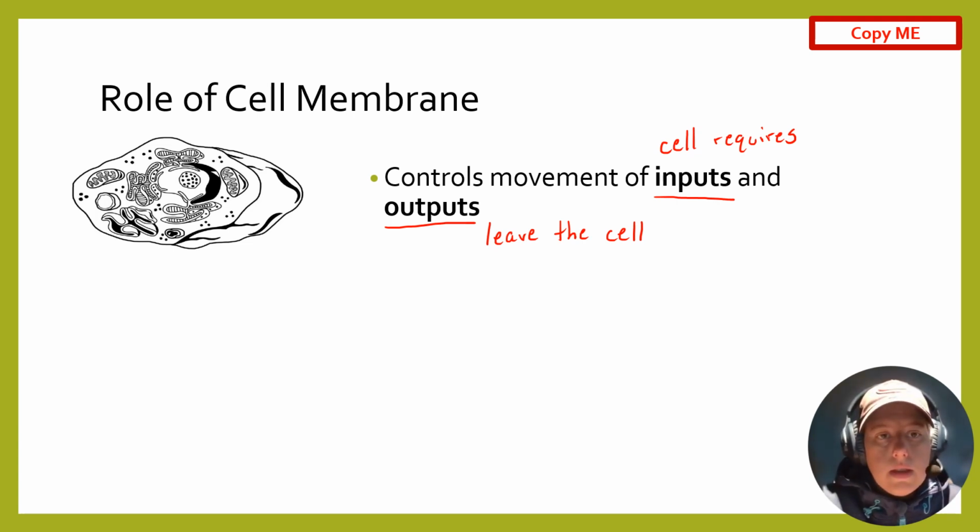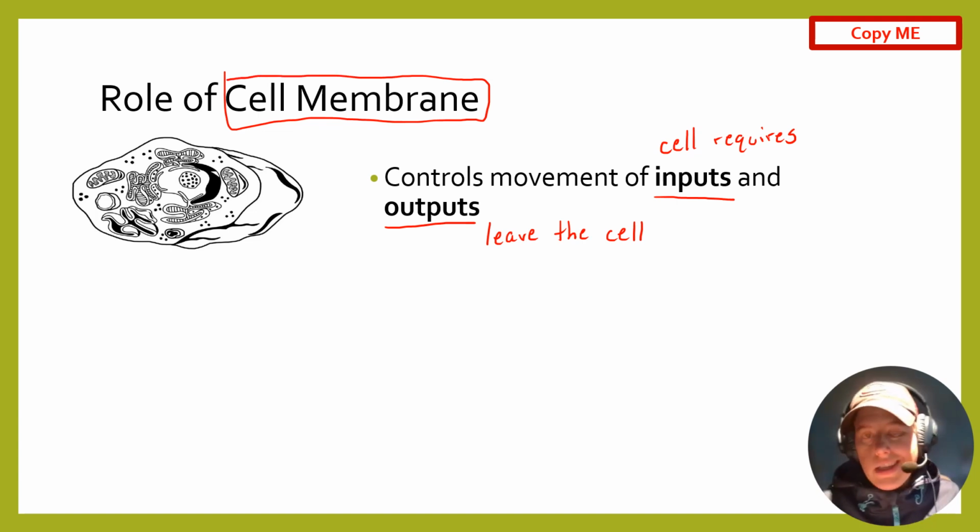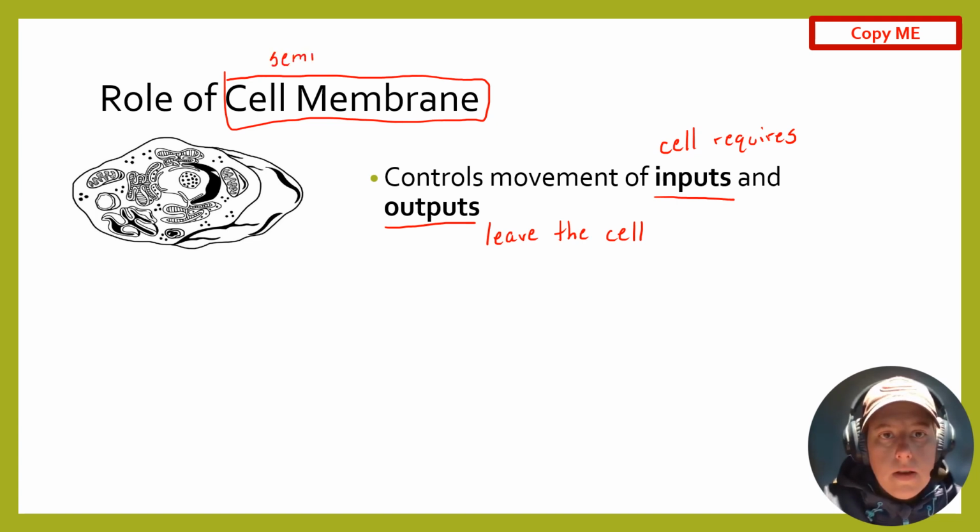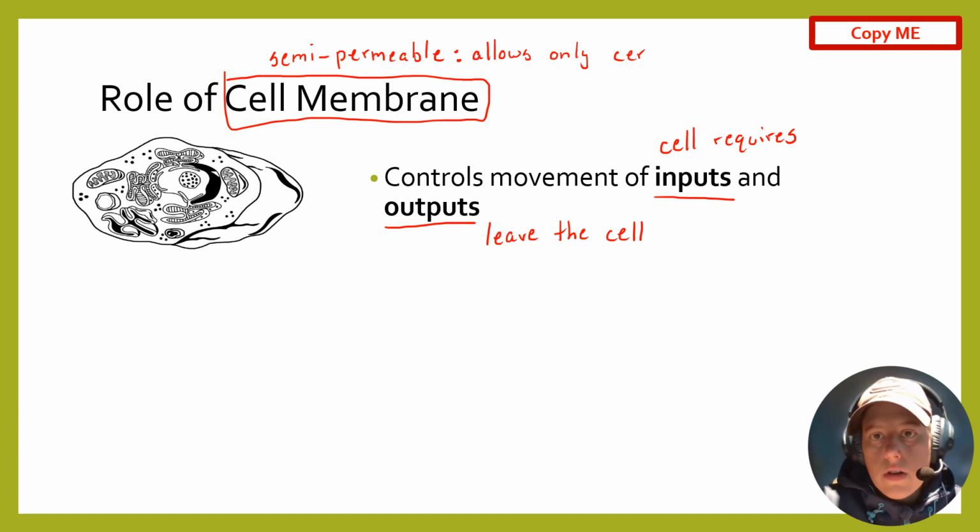When we're talking about the cell membrane, it is vital because it controls what enters and exits. So it's also considered semi-permeable, meaning that it allows only certain things to cross easily.